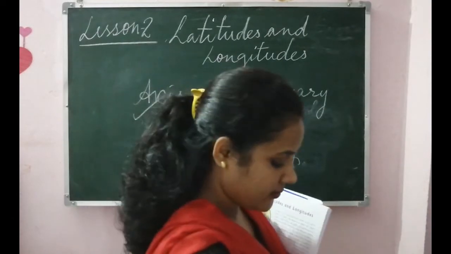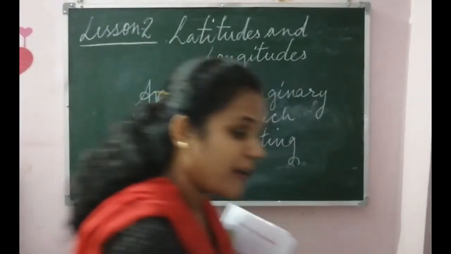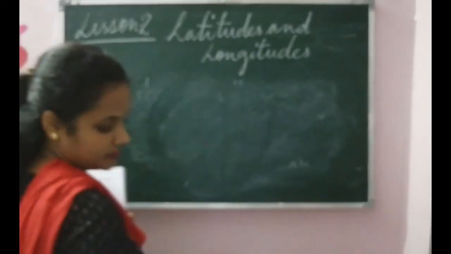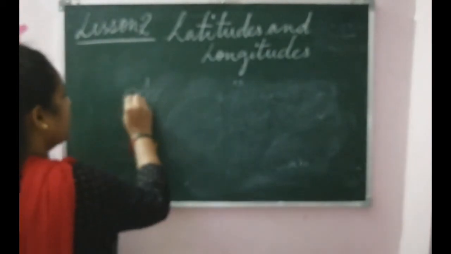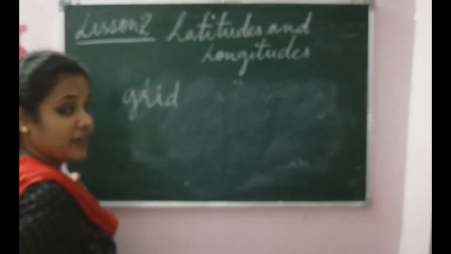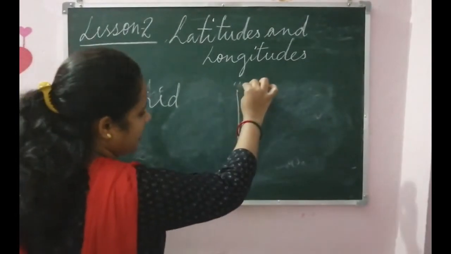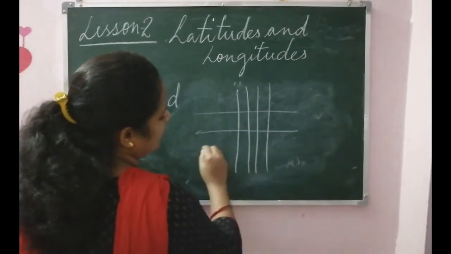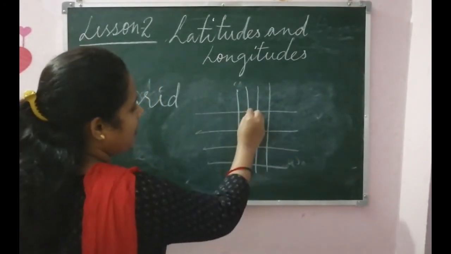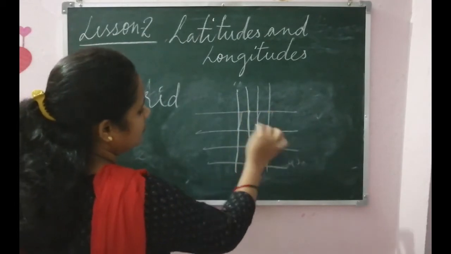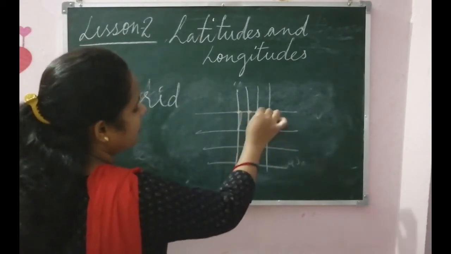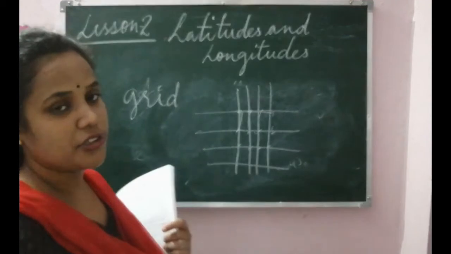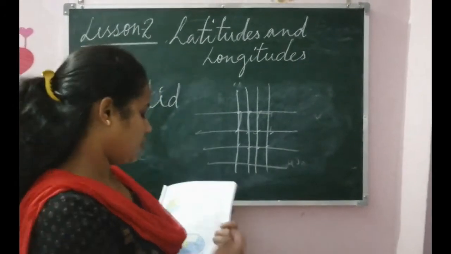Now what is a grid? This pattern of horizontal and vertical lines. When we draw these vertical lines, which are like longitudes, imaginary, and these horizontal lines, they form a pattern of squares. Can you see? This pattern is cutting each other, here they are cutting each other. This intersection of latitudes and longitudes forms a pattern that is called your grid.